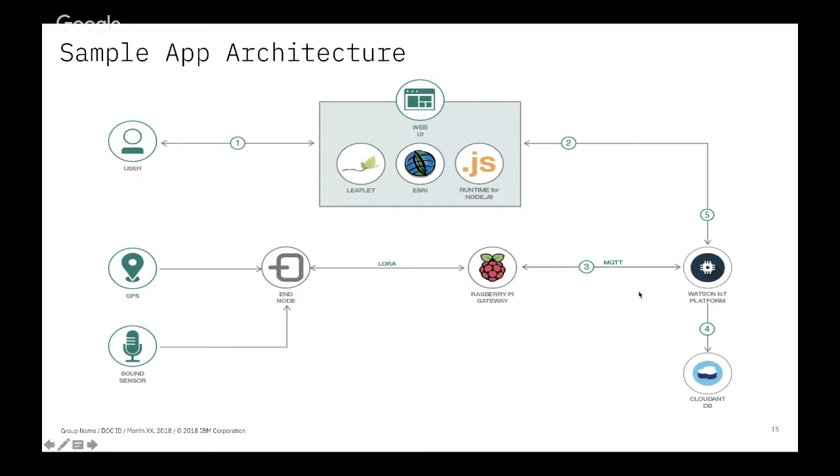The IoT platform also uses the historian plugin, which saves all location updates to a cloud database. And the UI, which is subscribed to a channel on the IoT platform, receives location updates from each asset in the field, and draws a marker showing the real-time location of the asset.